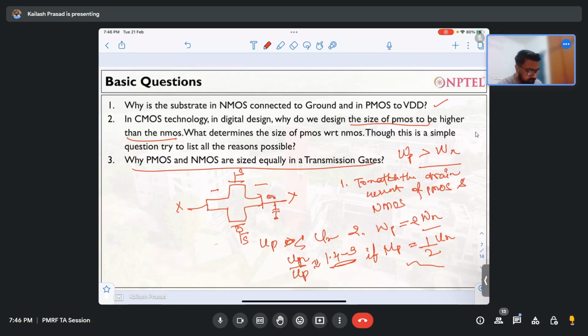If you are passing one over here, you are charging this cap. And what he is saying is that because NMOS and PMOS are doing their job, why do we need to size? Do we have any other argument from anyone, apart from this?